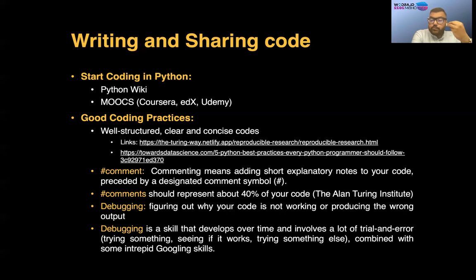And also for your future self, you will remember what you did a year from now, or even when you share your code or your notebooks to the neuroimaging community. This would be highly beneficial to an external reader. So according to Kirsty Whitaker from the Alan Turing Institute, comments should represent about 40% of your code. So please do invest time in learning how to code.